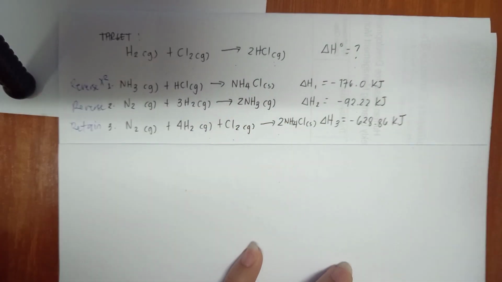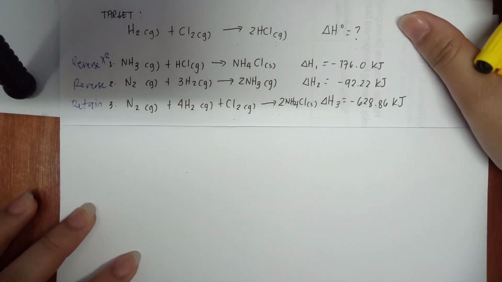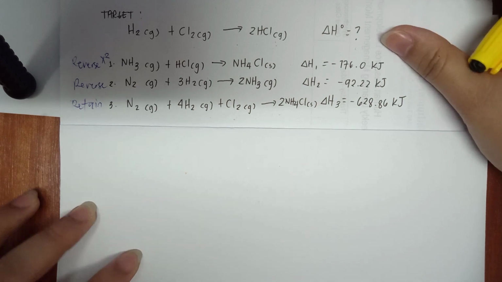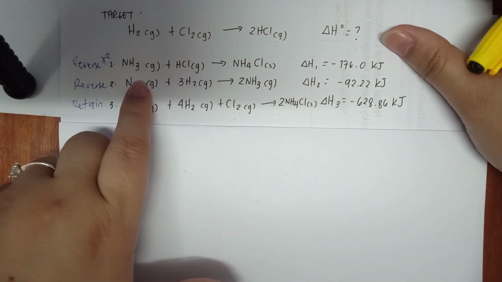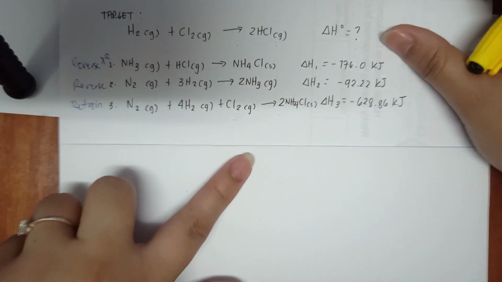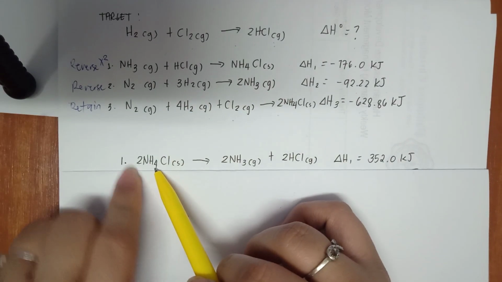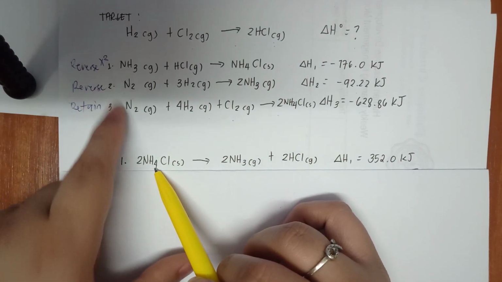So, let's see. Okay. So, for the first equation, we have to reverse and multiply it by 2. So, anong gagawin natin? So, from NH3 plus HCl to form NH4Cl, magiging 2NH4Cl to form 2NH3 plus 2HCl, because we have to reverse and multiply it by 2.